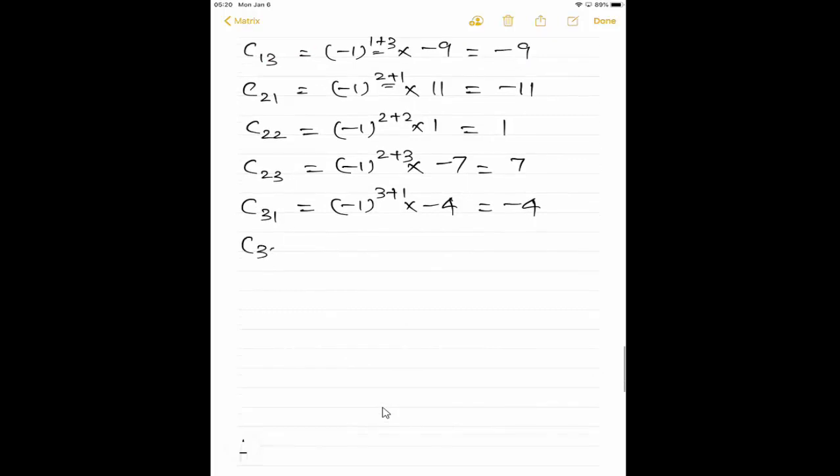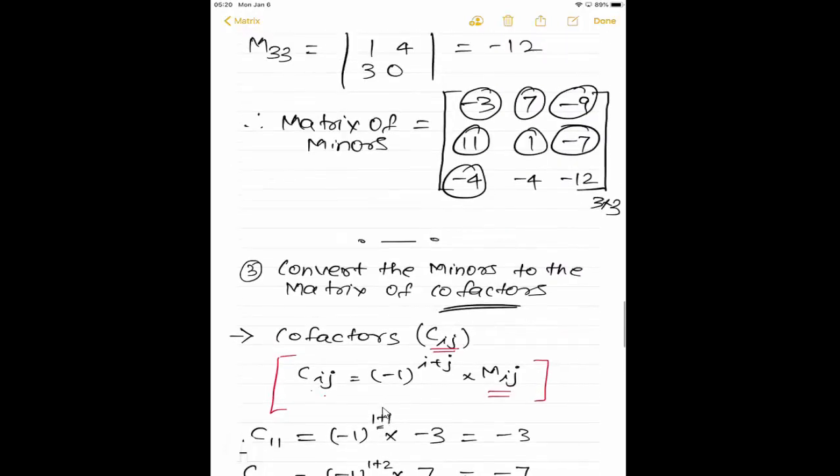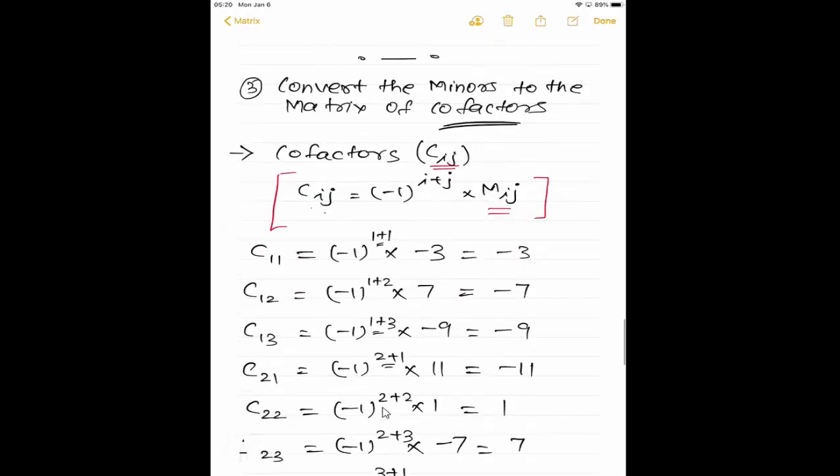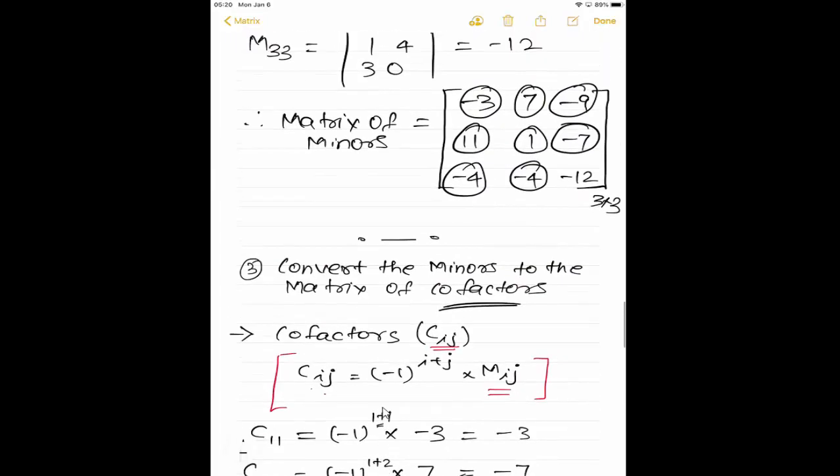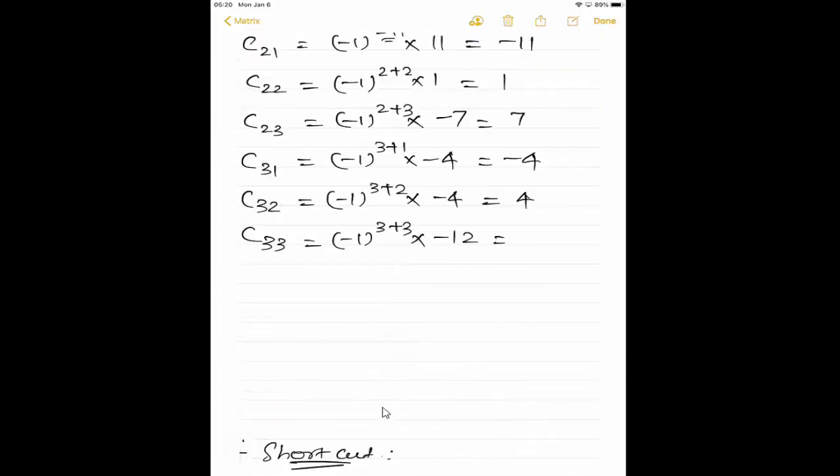Then C of 3,2 equals minus 1 power 3 plus 2 into the third row second column value, minus 4. So minus into minus 4, it is plus 4. Then the last row, last column, minus 1 power 3 plus 3 into minus 12. So the final value will be minus 12.